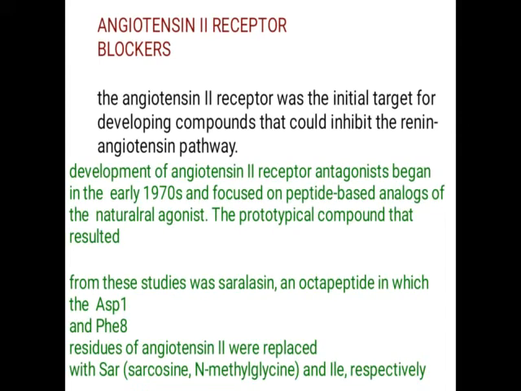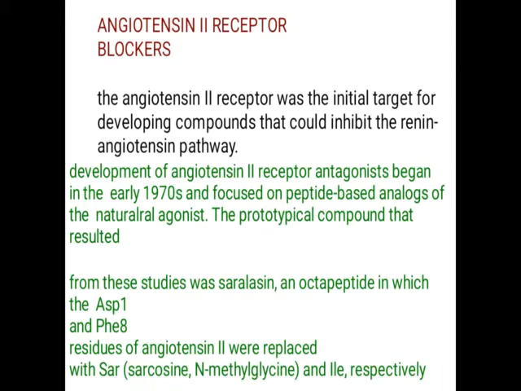Then we have seen how the development of angiotensin 2 receptor blockers takes place. The initial step was the angiotensin 2 receptor. When there are complementary functional groups present in the receptor as well as in the drug, then only can they bind to the receptor instead of the substrate.